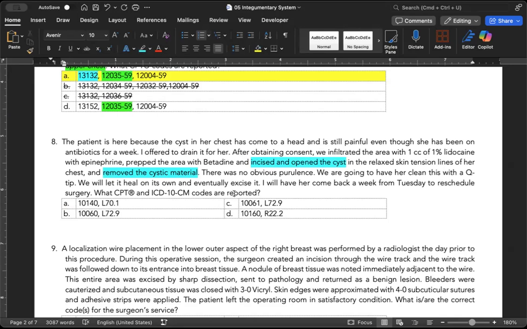And then is it simple, or do you think we would consider this complicated? Yep. So it's simple. So without looking anything else up, we've got our answer. So again, this one we didn't even have to touch ICD-10.